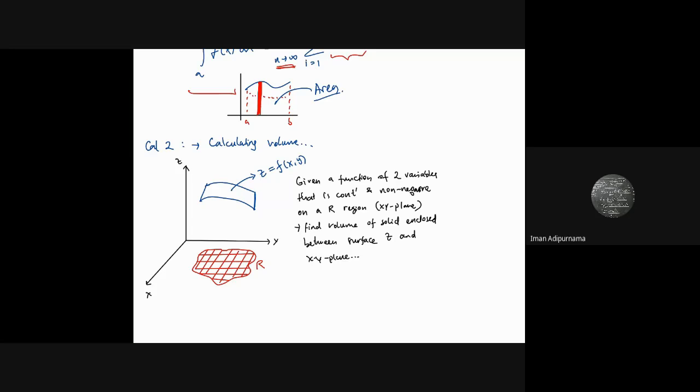Imagine this square will be mapped to the surface. So this is mapping R to Z.